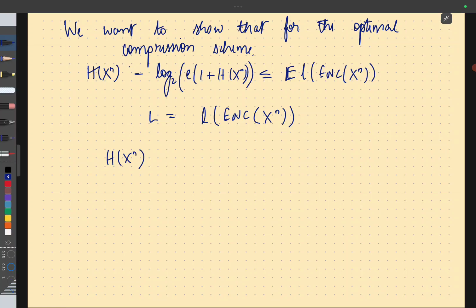So this is a random variable, and I look at the quantity H of X^n. I claim that this is equal to H of X^n plus H of L given X^n. Why can I write this?